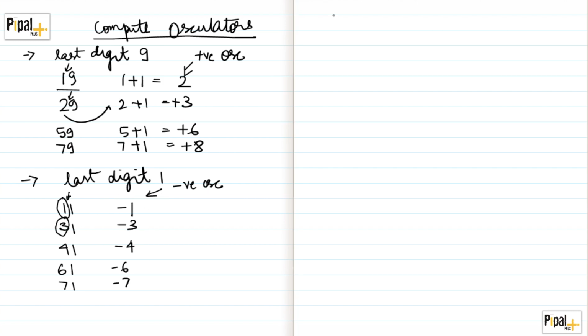But what happens if our numbers are ending in 3 or ending in 7? I'm not taking up even numbers because we can separate out the two, and whatever is left we can check for its divisibility separately.